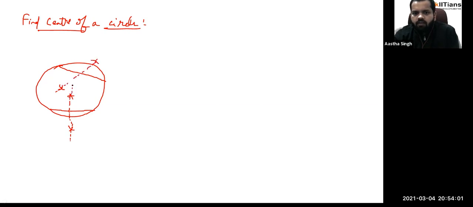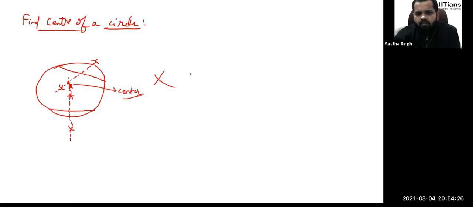The intersection of the perpendicular bisectors is your center, basically, right? This is not in your syllabus, so I have just told you for your information.